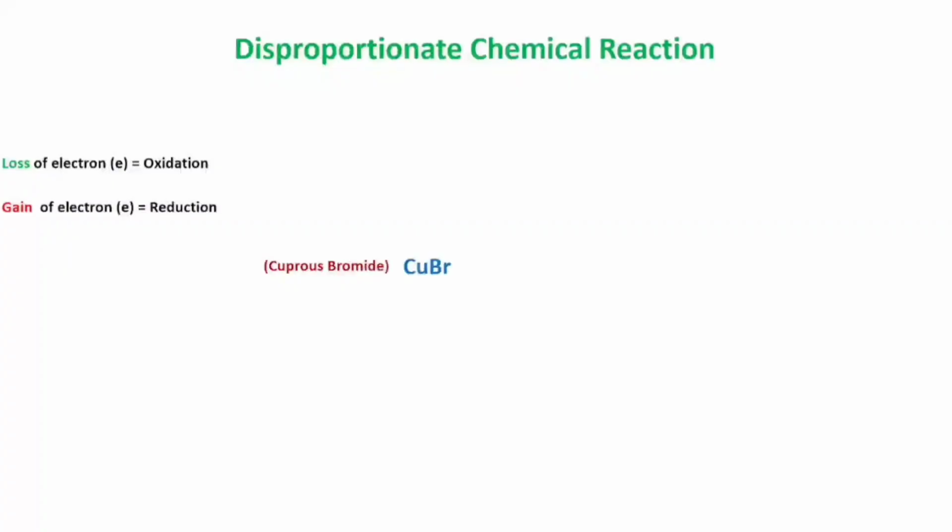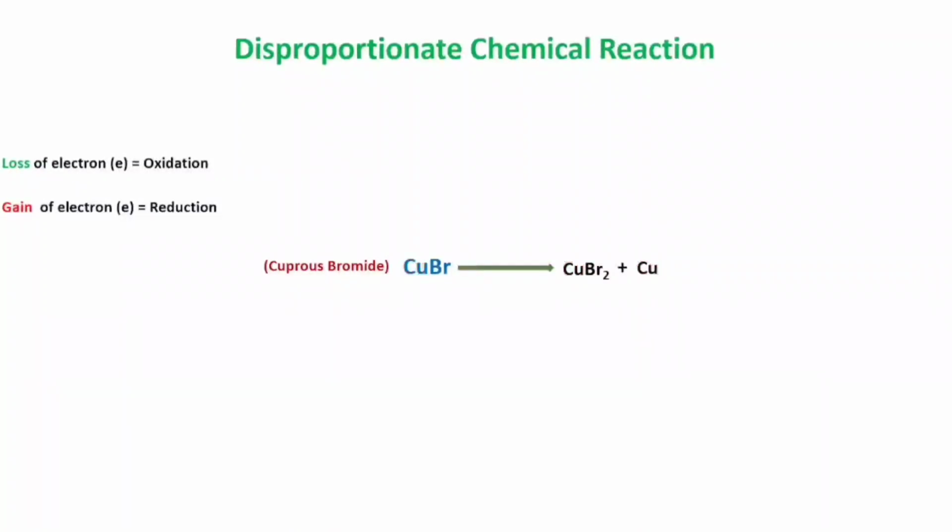Another example of a disproportionation reaction is the decomposition of cuprous bromide. When cuprous bromide decomposes into cupric bromide and metal copper, then the copper atom undergoes disproportionation. In this redox chemical reaction, copper has formed a compound with bromine, and also it exists as free metal copper.